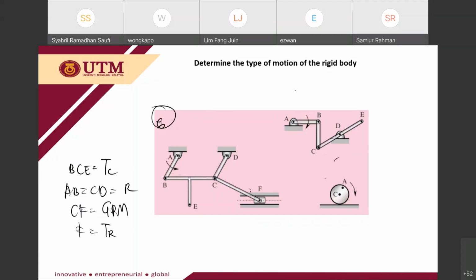Right, so we go on to the 7th figure. What would be the DC? GPM. DC is GPM. CDE?